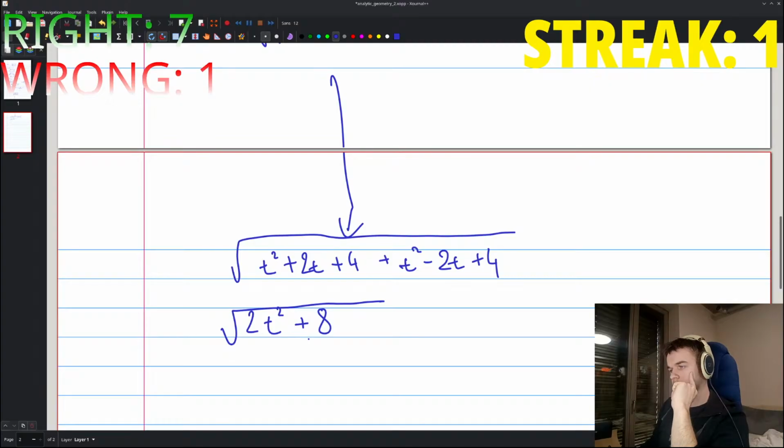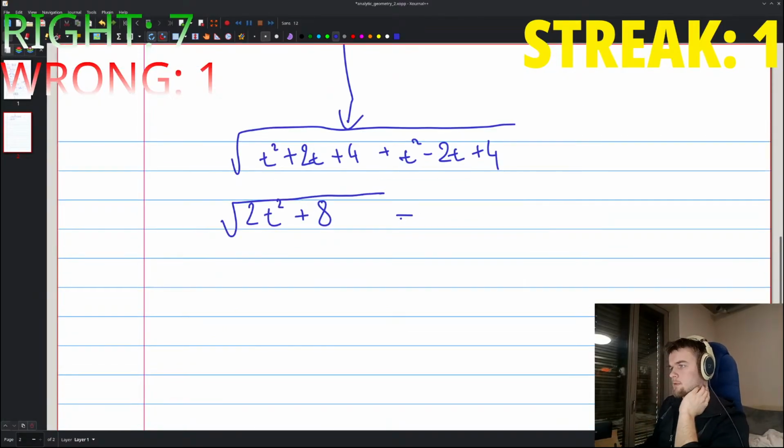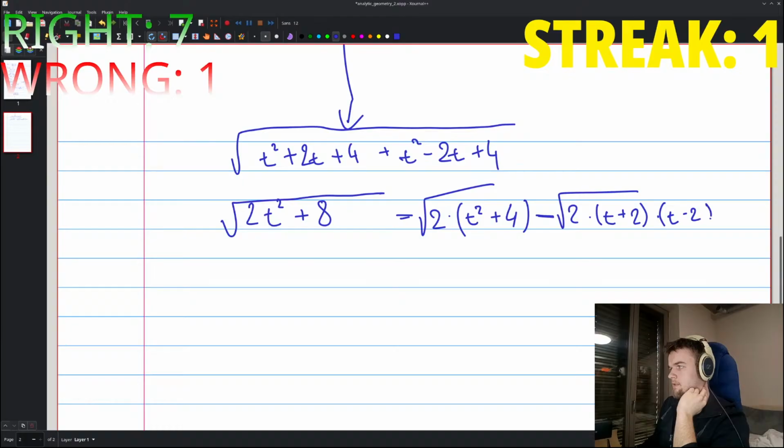I could rewrite this somehow, but I don't know if it's beneficial. The only thing that comes to mind is this is like 2 times t squared plus 4, which can also be written as 2 times t plus 2 times t minus 2.